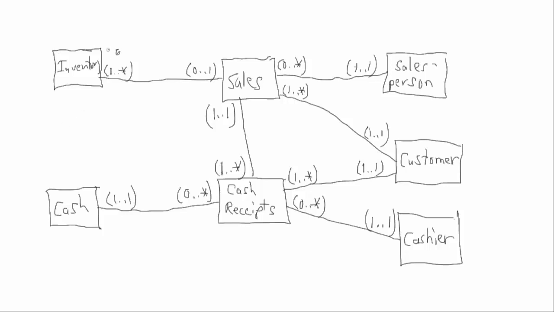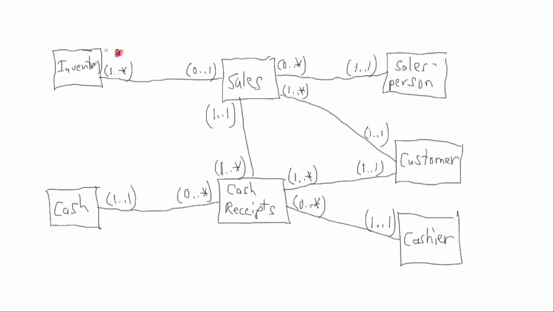So let's think about this one here. For inventory, every sale is going to involve at least one item of inventory. So that's the leftmost number in that multiplicity. The asterisk means, well, each sale may sell an infinite or many items of inventory.